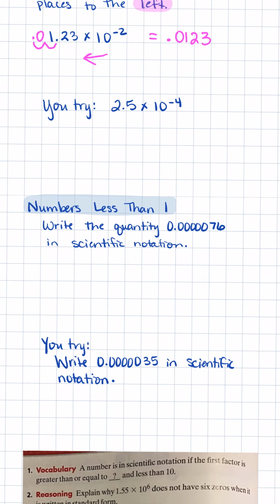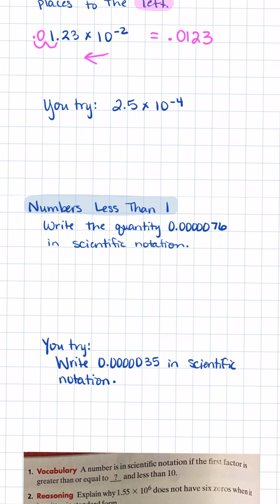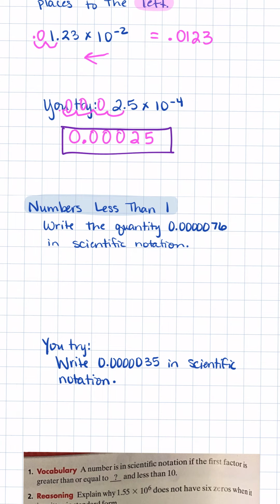Okay, see if you can do this one on your own. Come back to me when you are done. You should have got 0.00025. I think this was supposed to be inches. Okay, so numbers less than 1.